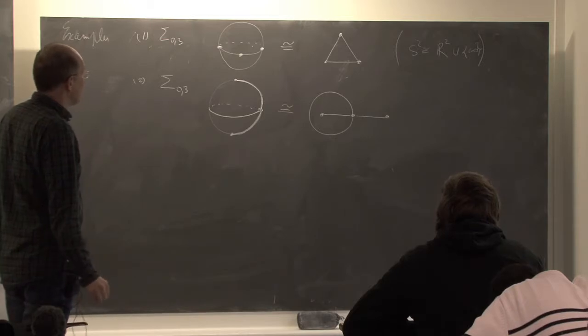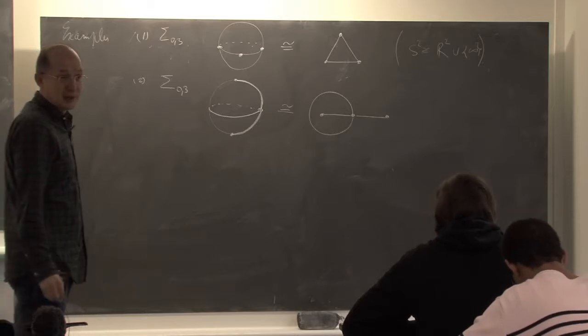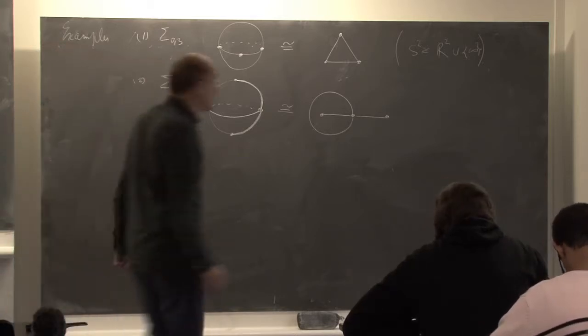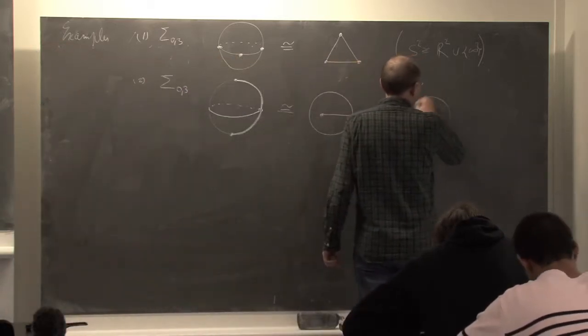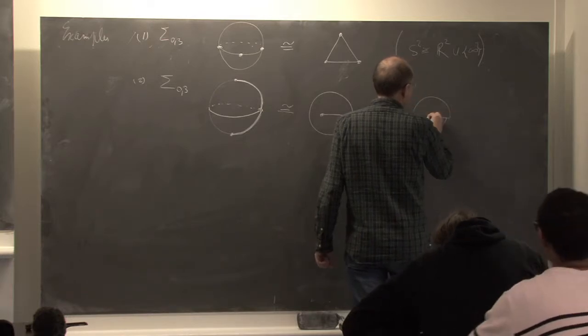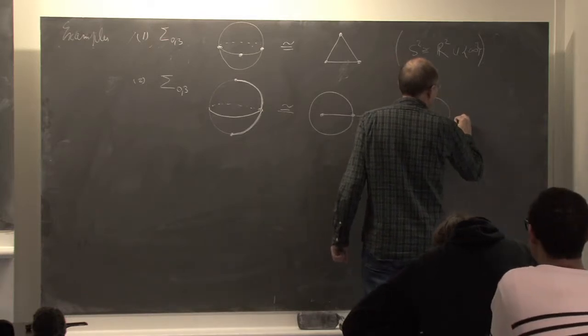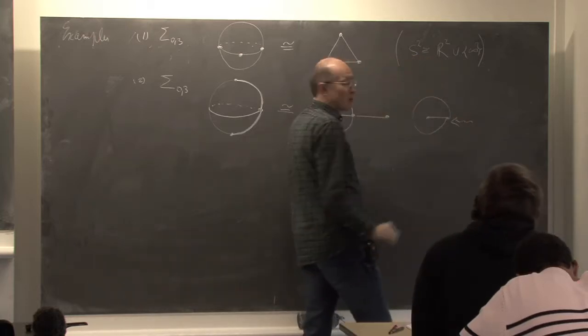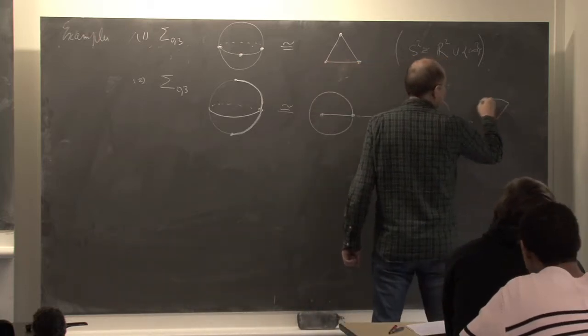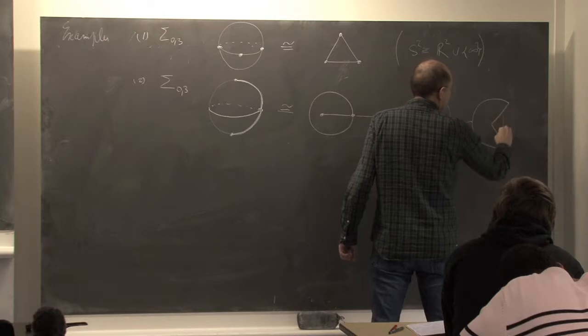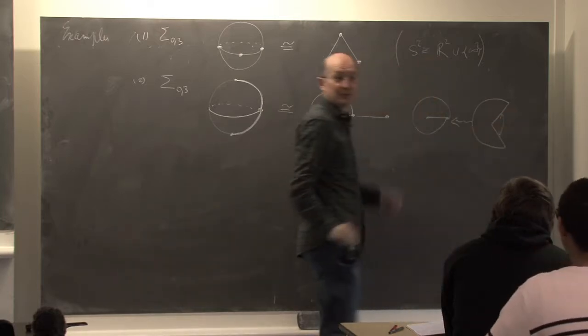Probably it is not evident that we see triangles as 2-cells, but they are, because we can think of it as a result of self-gluing of a triangle like this.